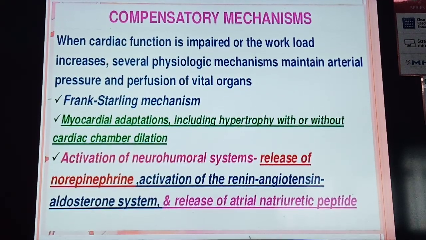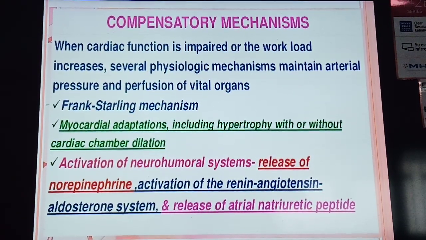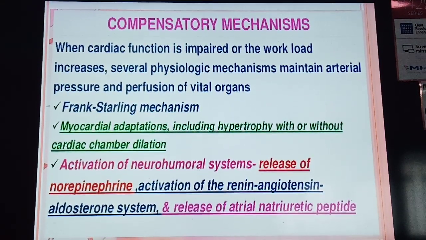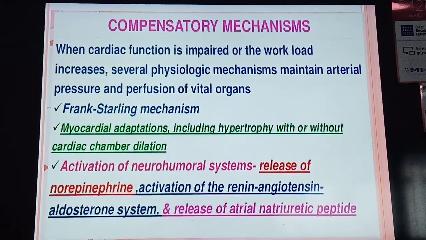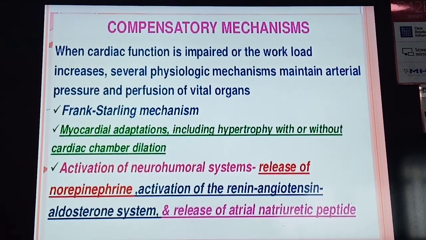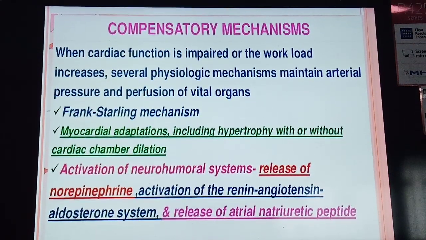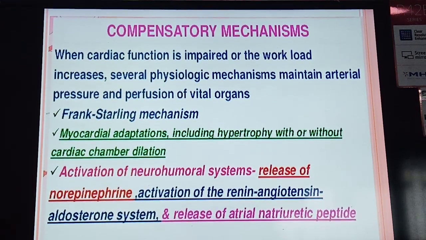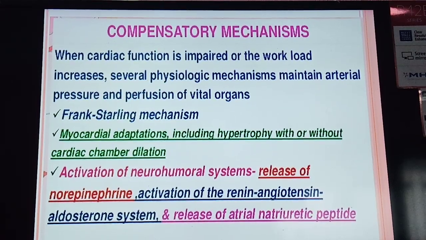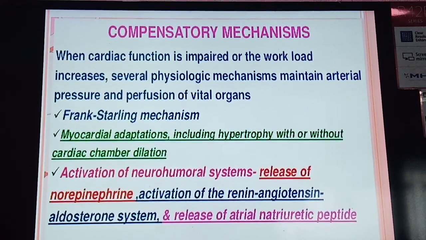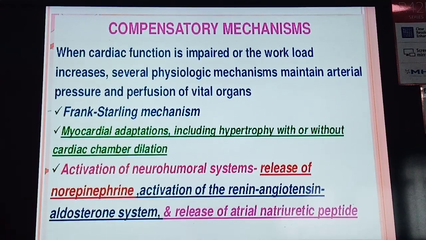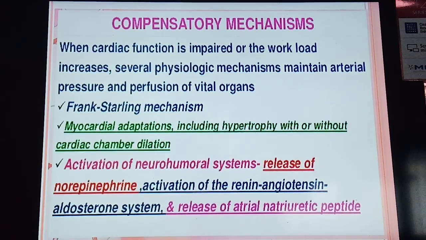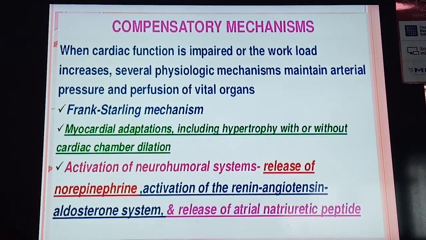These compensatory mechanisms include the Frank-Starling mechanism, myocardial adaptation including hypertrophy with or without cardiac chamber dilation, activation of the neurohumoral system that may lead to the release of norepinephrine, activation of the renin-angiotensin-aldosterone system, and release of ANP, atrial natriuretic peptide. So these are the different compensatory mechanisms that may occur during congestive heart failure.